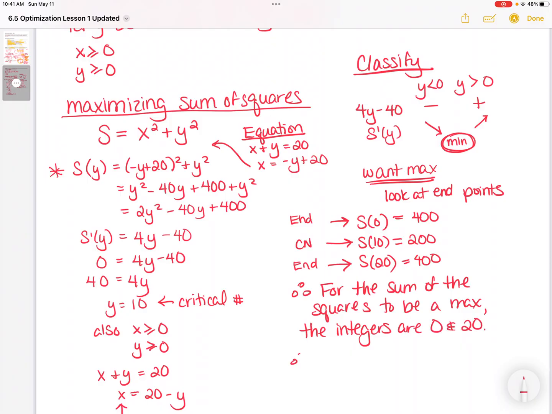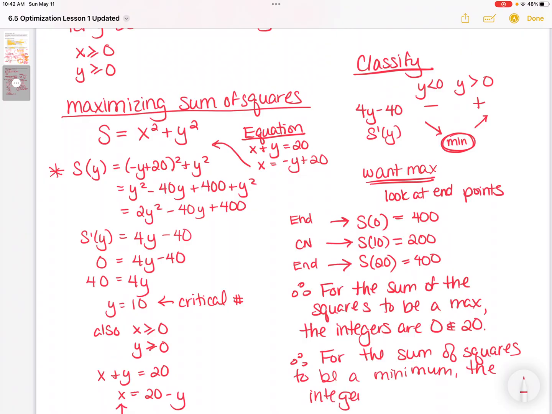Okay, now for a minimum, for the sum of squares to be a minimum, the integers are 10 and 10. All right.